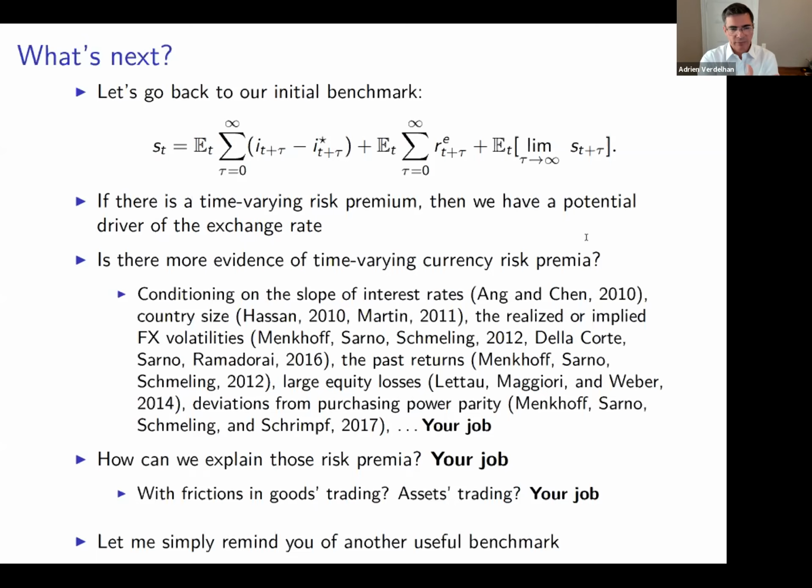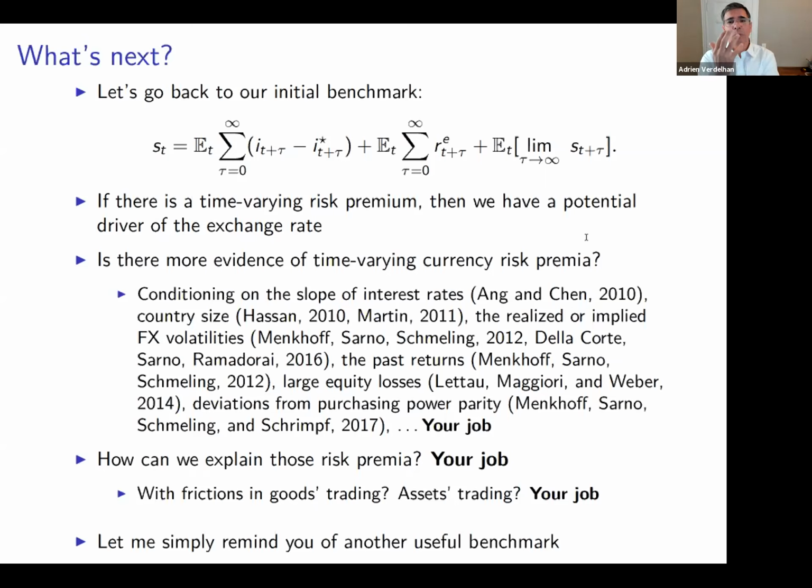People have found this by building portfolios, not just on the level of interest rate, but the slope of interest rates, by looking at the country size, by looking at realized and implied FX volatilities, by looking at past returns, by looking at large equity losses, deviations from purchasing power parity. I'm sure I forget some here.